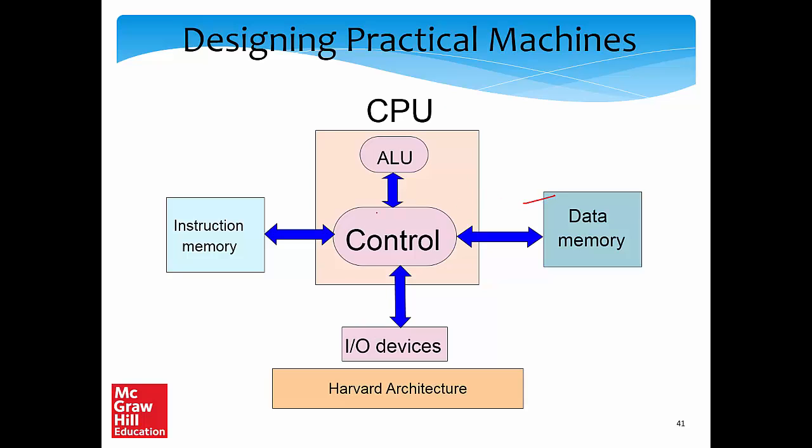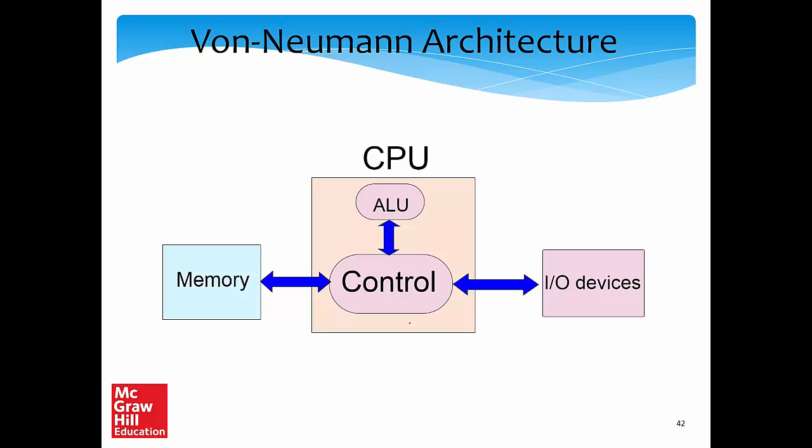We have a separate data memory and a separate instruction memory. And once the results are computed, they are communicated to input-output I/O devices such as a monitor or a printer, and we can see the results. The other is a von Neumann architecture, which is almost the same, it is just that the data and instruction memory is fused into one. That's the only difference.